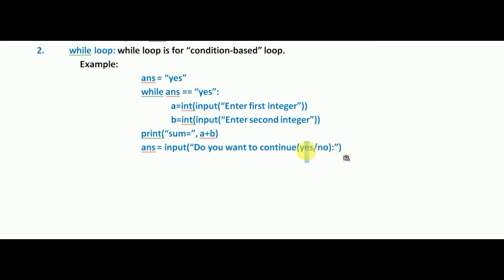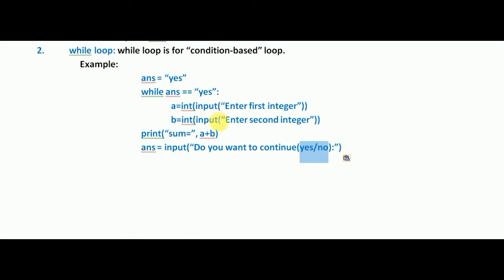After pressing yes or no, that value is stored into ans, and again the condition will be checked here. If ans is equal to yes, then again it will take the values.